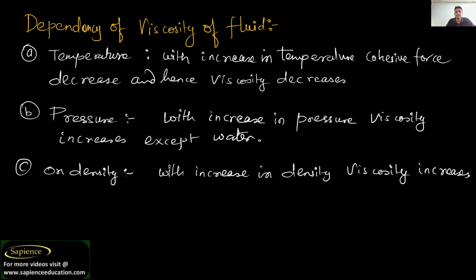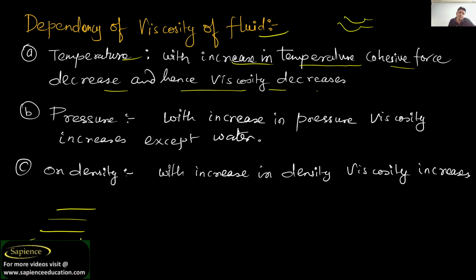Okay, now what are the dependencies of the viscosity of a fluid? You know that a fluid has viscosity. For example, if you take honey as well as water, you can feel that honey has more viscosity. With the increase in temperature, cohesive force decreases. Layers have a force of attraction called cohesive force.